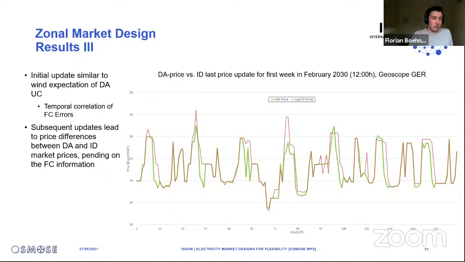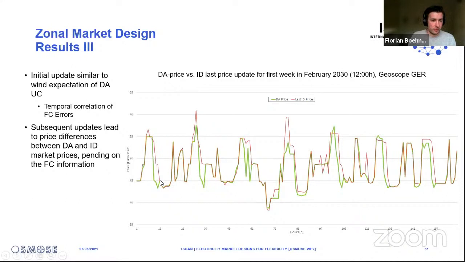So when at hour 1 we calculate the next 36 hours, at hour 3 or 4 rather, 3 hours later, we get an information update. And those 2 underlying pieces of information for the wind forecast are correlated in a temporal way. So the further we go away from our initial unit commitment, the larger possibly the forecast error gets. And that's why, for example, if we follow the two lines from hour 1, they are pretty close together at the beginning and then deviate even more after a couple of hours.